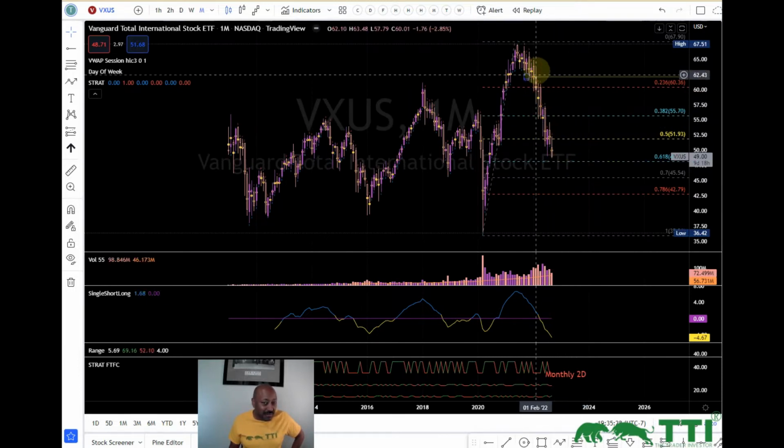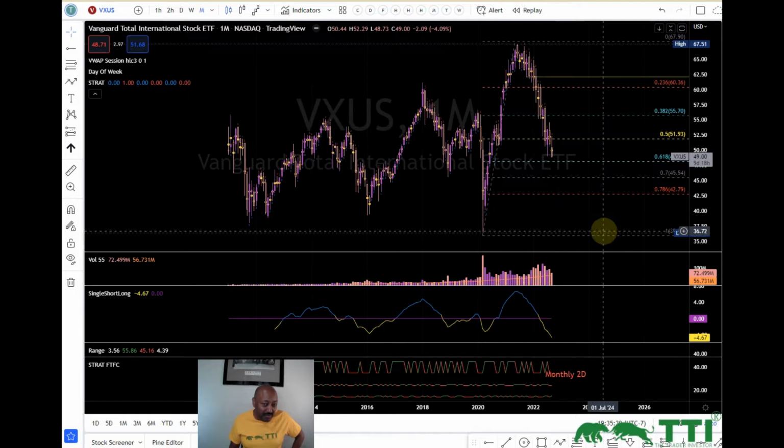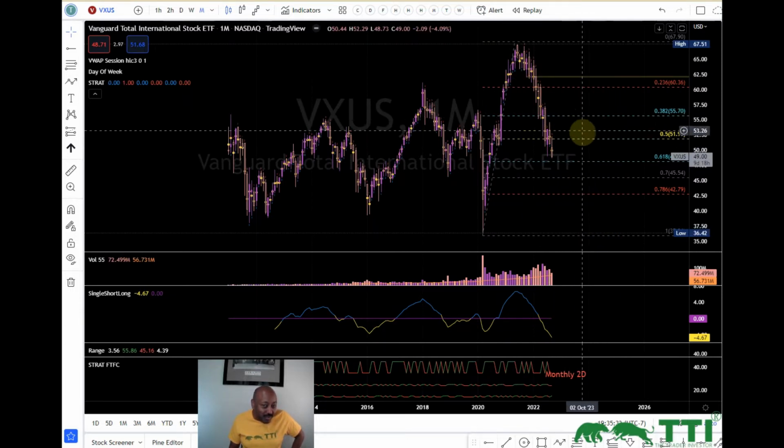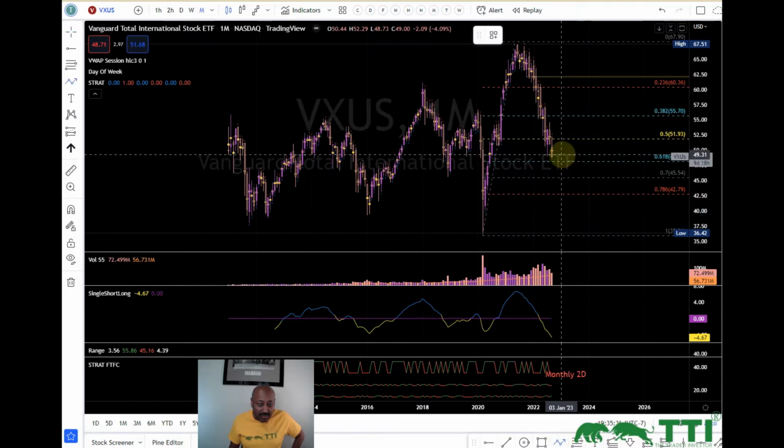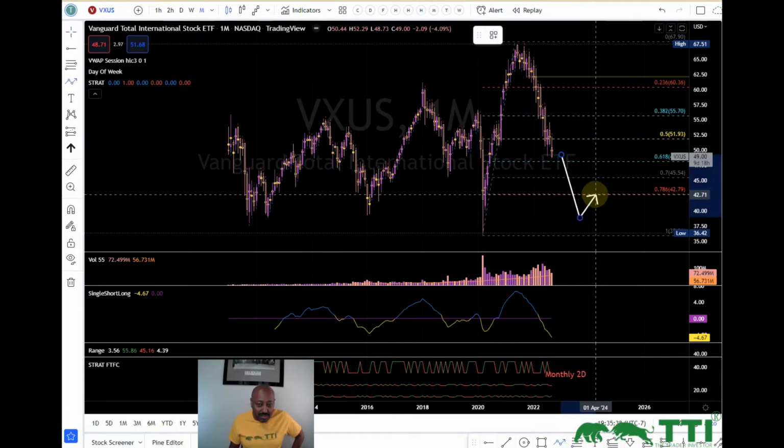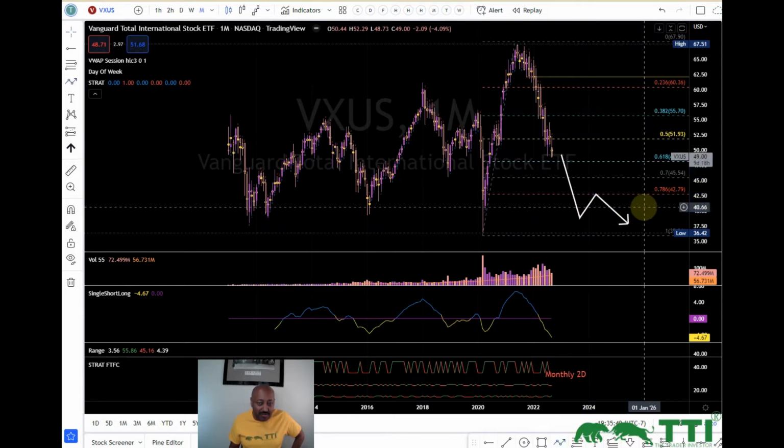So it doesn't mean price is collapsing, because we're still in this zone. If price decides to go from here to here, we have another problem, right?